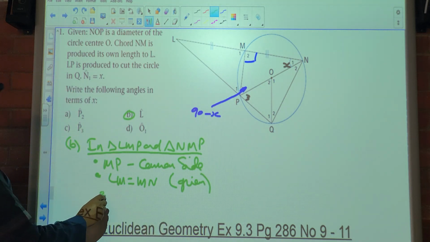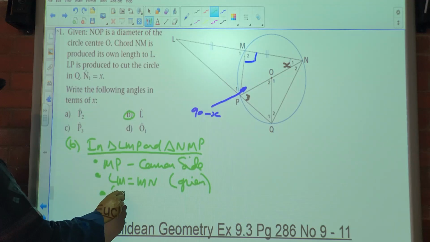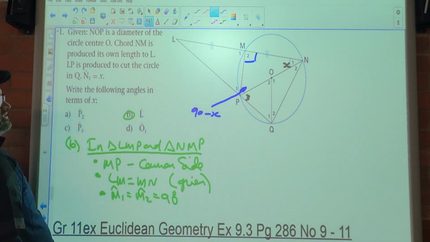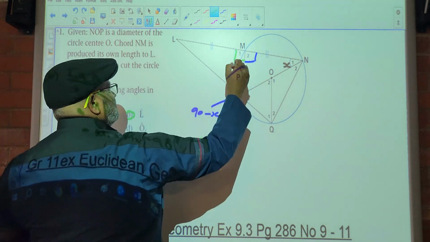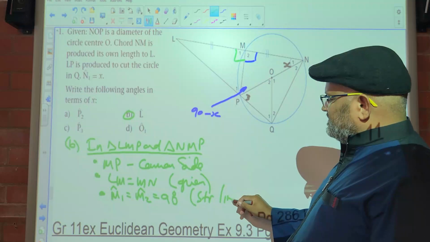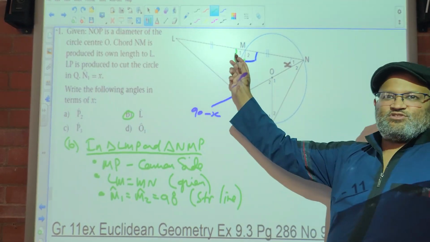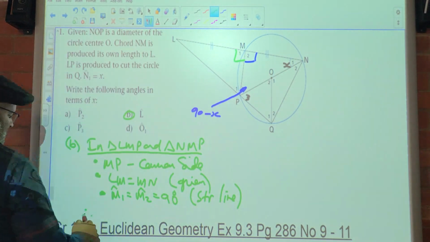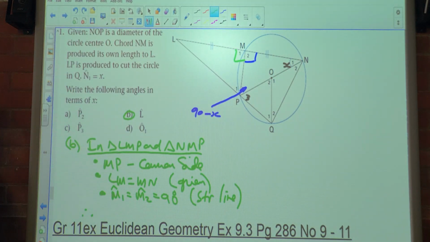And lastly, M1 is equal to M2, which is equal to 90. You see the angles are the same here. Why is that 90? Because there's angles on a straight line. Because that is 90, this has to be 90. Okay.